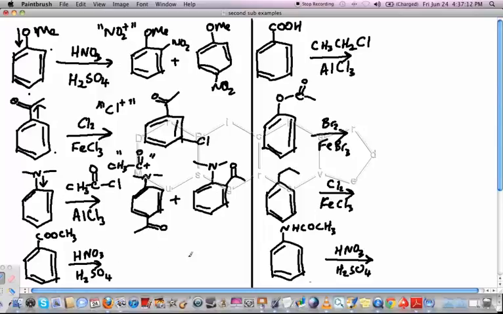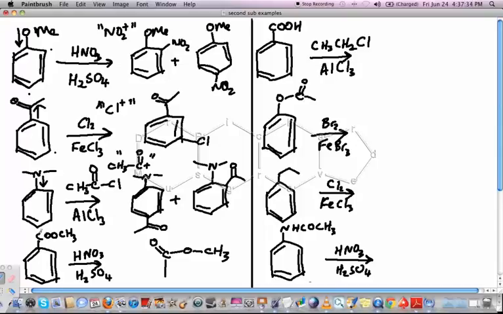Alright, the next one. We've got a COOCH3. I'm going to have to draw that out. And if I draw it out completely, I know that it's going to look like this. It's going to be C double bond O, O, CH3. Now the only way I'll be able to figure out if this is activating or deactivating is to actually physically draw it out.